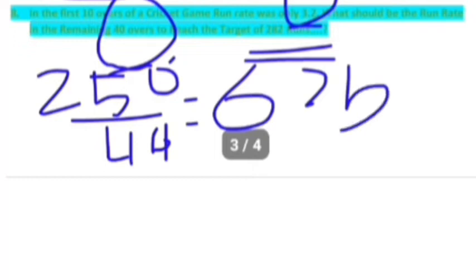So in the remaining 40 overs, the team has to score 250 runs. 250 by 40, the answer is going to be 6.25. So the required run rate is 6.25. The equation is very simple. If the team wants to win the match, they have to score at a run rate of 6.25 per over in 40 overs. So, a simple question.